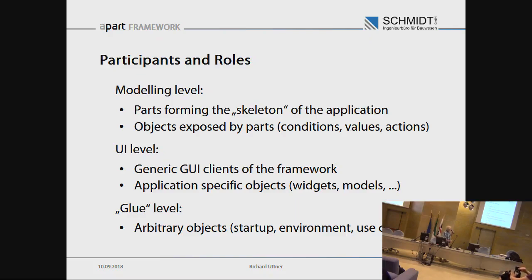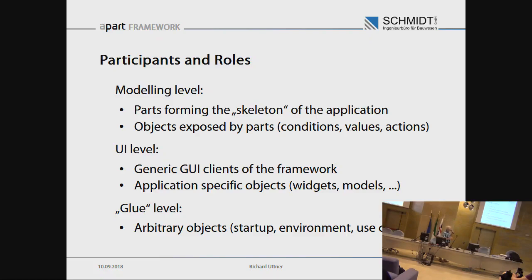They contain objects that are exposed, like conditions, values, actions, and of course stuff that is private to them as they like it. aPart also can use any class and should not use something directly associated with the GUI.